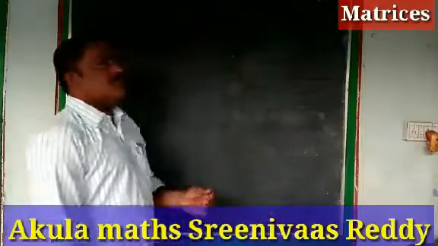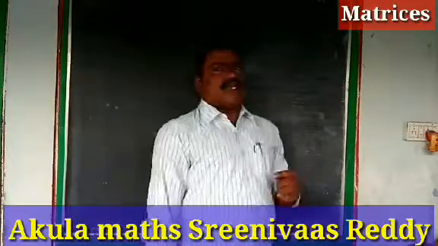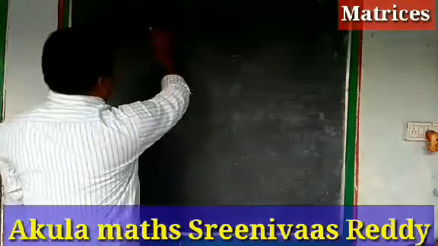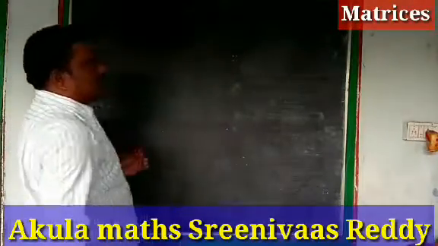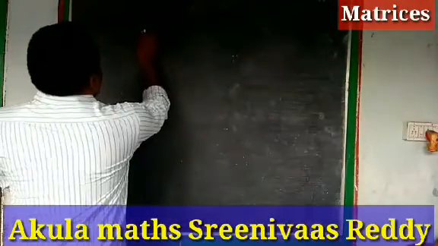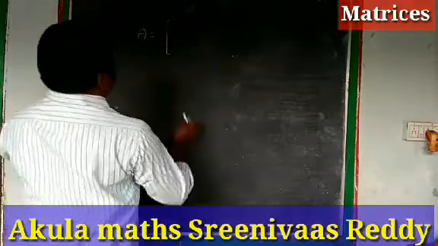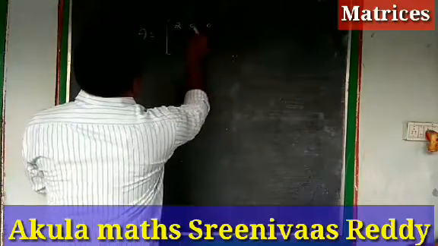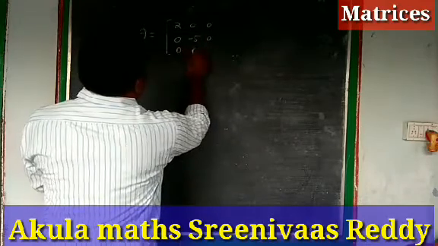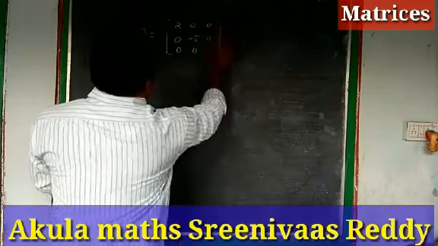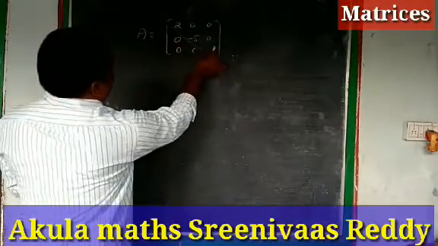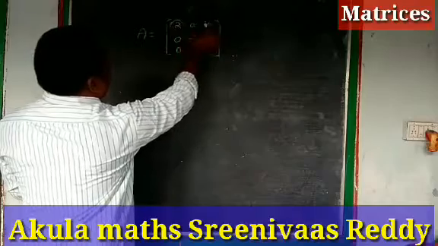Next, diagonal matrix. A square matrix is said to be a diagonal matrix if all the diagonal elements are not equal to 0 and all the remaining elements are 0. That means A is equal to 2, 0, 0, 0, minus 5, 0, 0, 0, 5. In this square matrix, the principal diagonal elements are not 0 and all the remaining elements are 0.